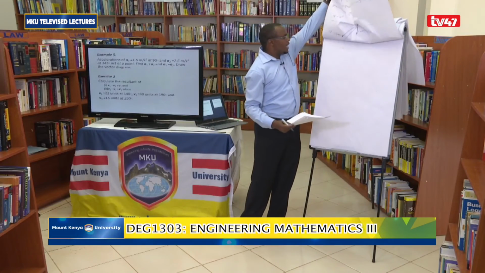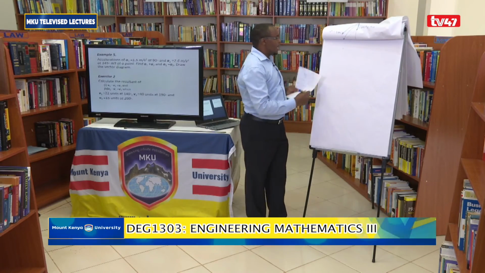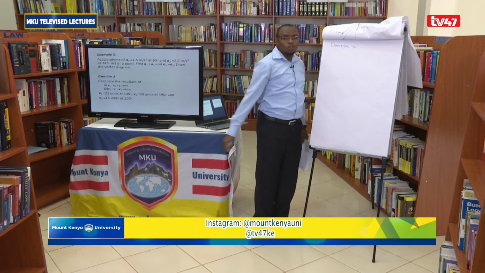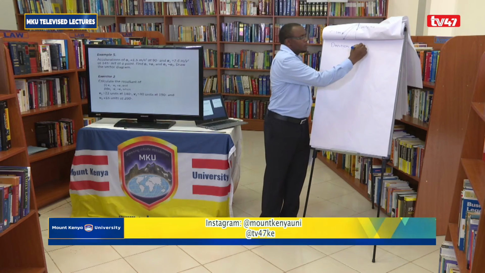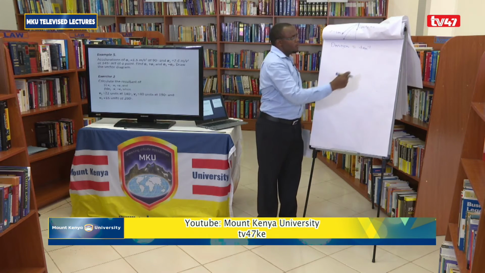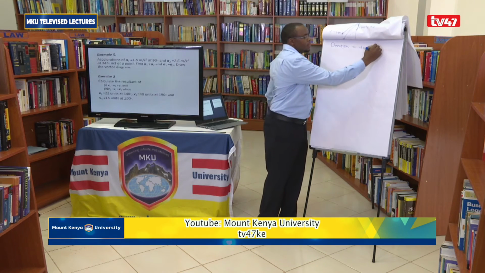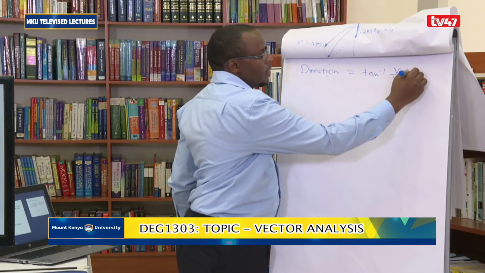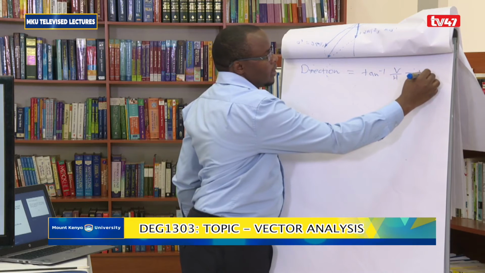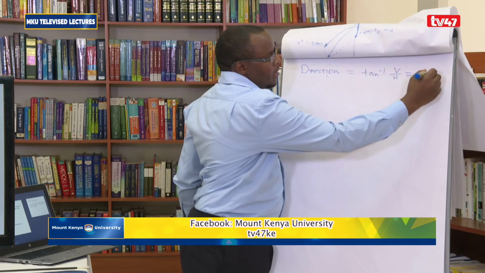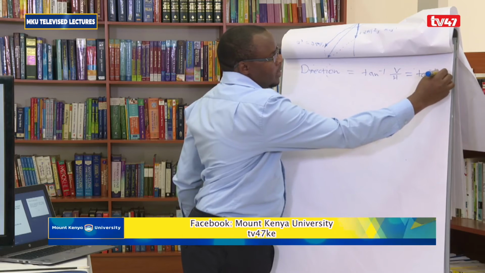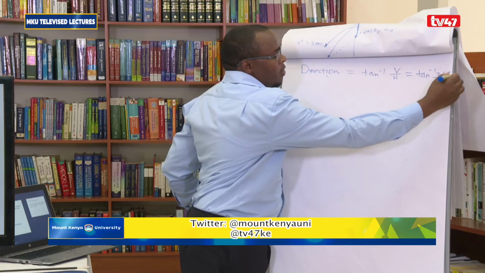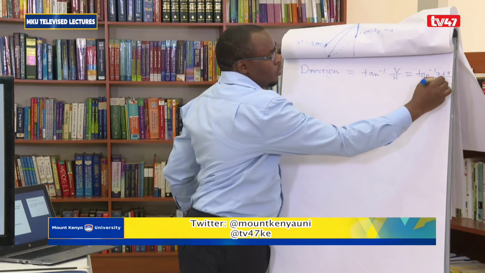And then we need to get the direction. So the direction of that vector is going to be given by the tan inverse of the vertical component over the horizontal component, which is going to be tan inverse of, we have said the vertical is 2.99 over the horizontal, which was negative 2.13.